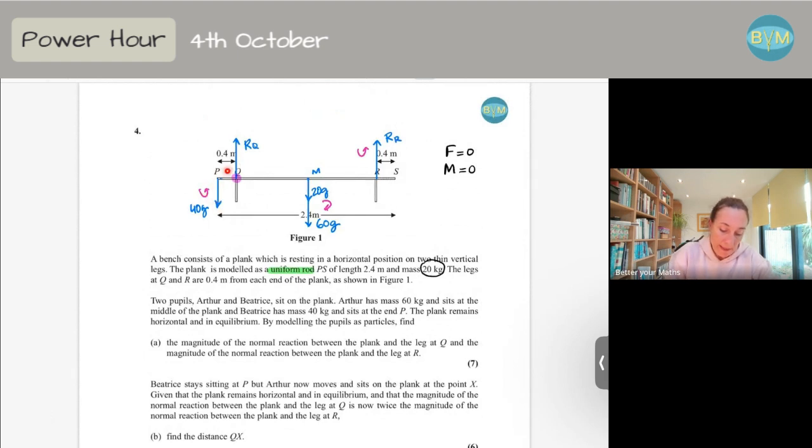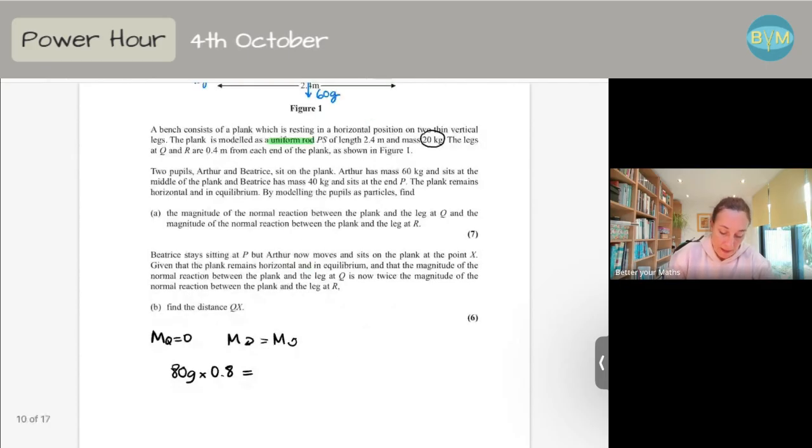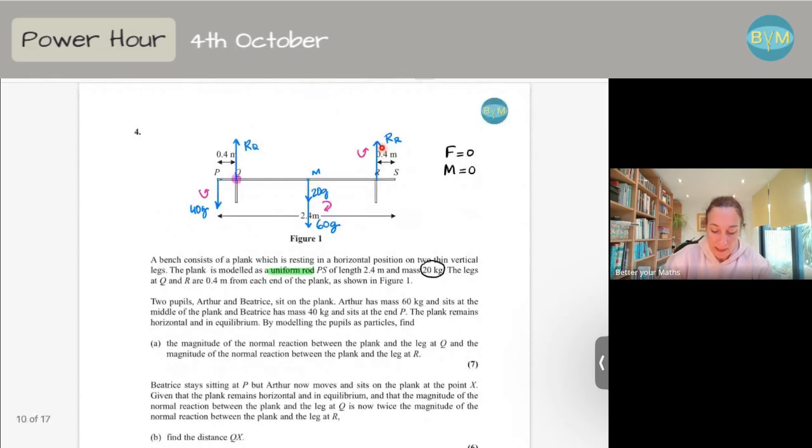Force multiplied by the distance. So 40g times 0.4. And the other one, this one again is force, which is the one that I need, RR, multiplied by this distance. And the whole thing is 2.4.